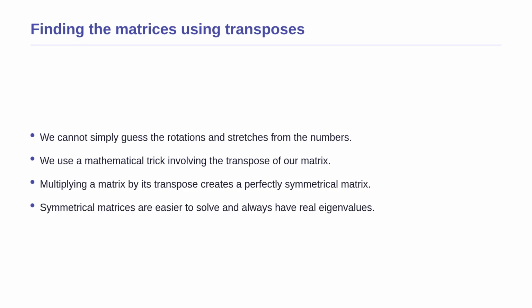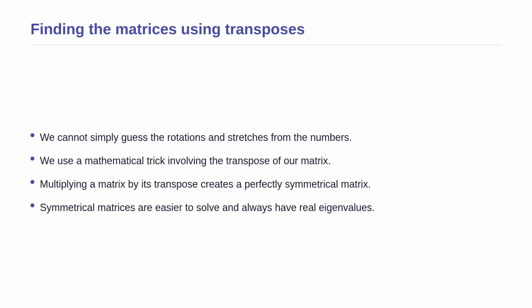We have seen the formula, but this leads us to an important question. How do we actually find these three magical matrices? We cannot just guess the rotations and stretches by looking at a grid of numbers. Instead, we use a clever mathematical trick involving the transpose of our matrix.